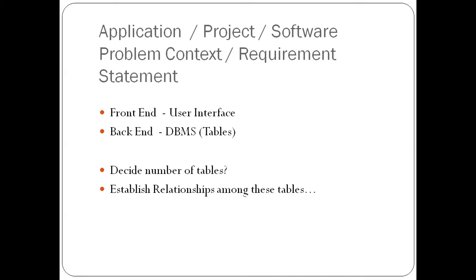The most important or critical part of any project is to decide the number of tables. So the question is how you decide the number of tables. The answer, as you know very well, is that if you design a very good ER diagram, then you can convert it easily into tables.